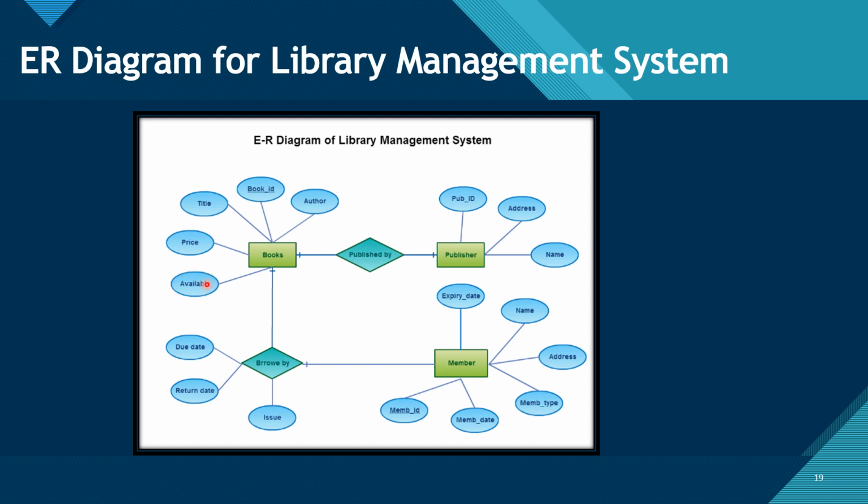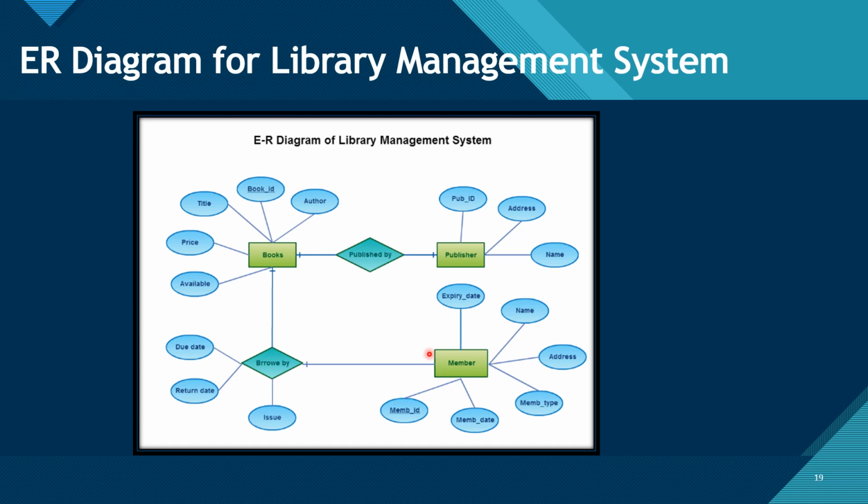the attributes related to books are price, available, title, book ID, author. These are the attributes which are related to the entity book, and these are in relationship with the publisher, which is another entity whose attributes are publisher ID, address, name.